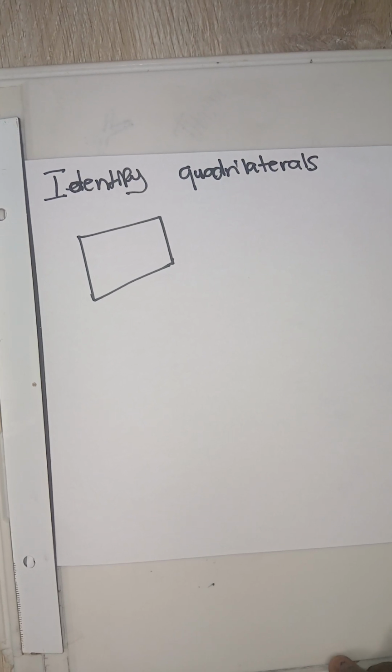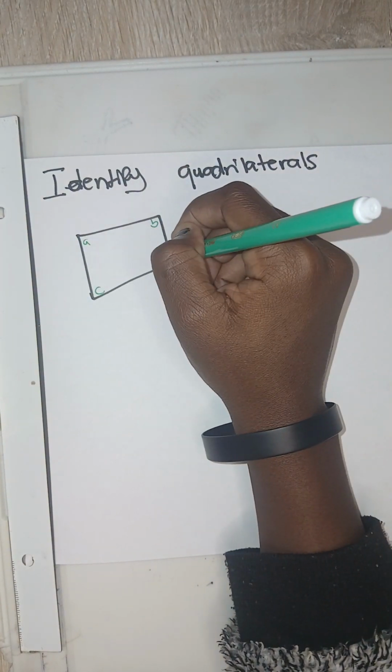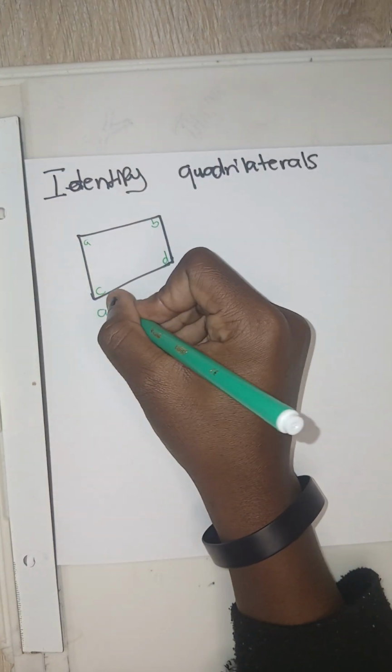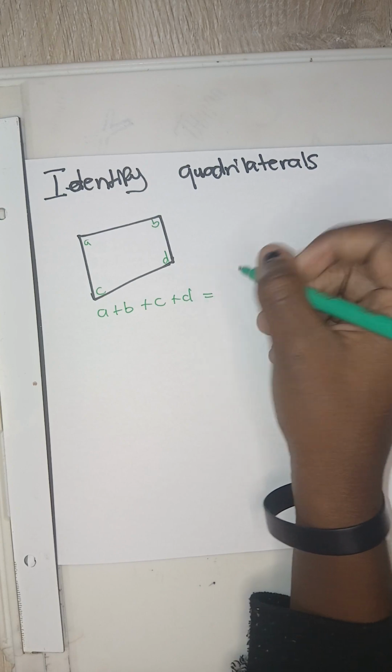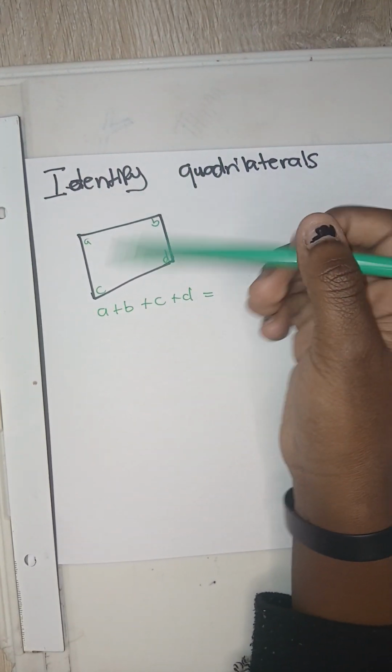The 4 angles of a quadrilateral add up to 180. So A plus B plus C plus D, not add up to 180, they add up to 360. Sorry for that.